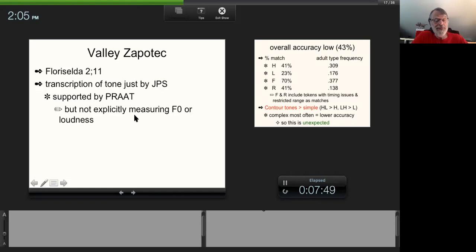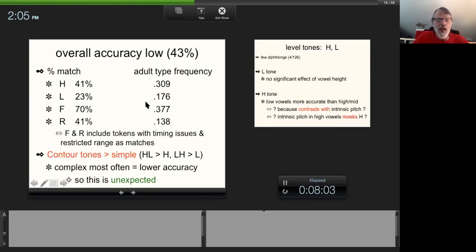In Valley Zapotec, one child just a little bit before she turns 3-0. I'm the transcriber of the tone, a non-speaker of Valley Zapotec, and my transcriptions are supported by Praat. Tone was overall quite low in accuracy at 43%. If you look at individual tones, high tones are more accurate than low, which perhaps corresponds to type frequency in adults.